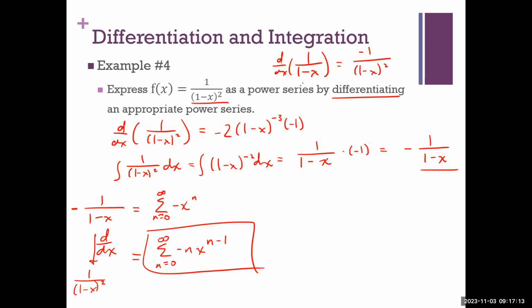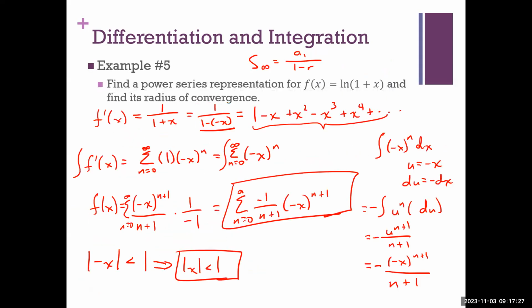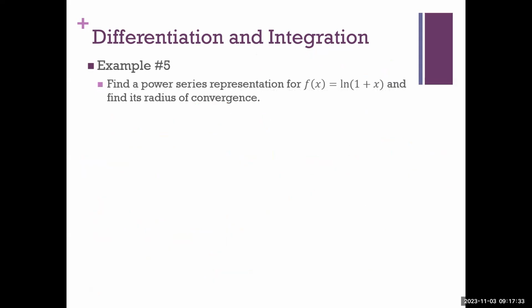So in that case, we found the power series that goes with 1 over 1 minus x, and then we took a derivative of that. Sound familiar? Okay, so depending on the function that you're actually interested in, that'll more or less dictate which way you want to go. Do you need a derivative? Do you need an integral?